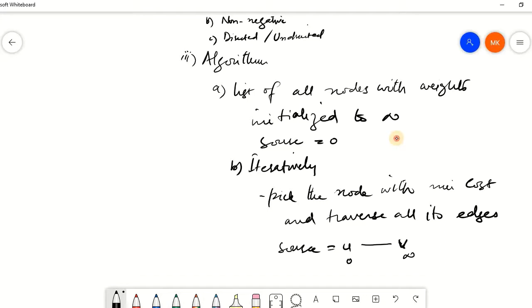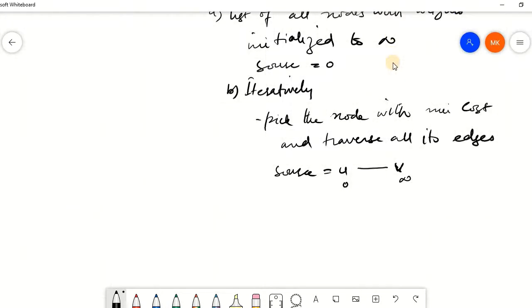So in order to decide whether we are going to update the weight for v: if the cost that we currently have at u plus the cost of the edge u to v is less than the cost of the node v that we currently have, then update the cost of node v.